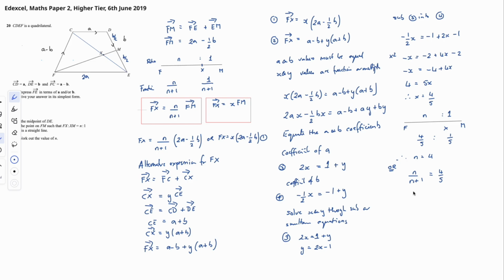We just simply cross multiply, we get 5n is equal to 4n plus 1. So n is equal to 4. So we can still get the same answer. So your answer is n is equal to 4.